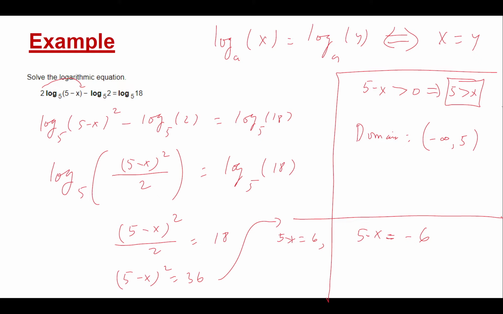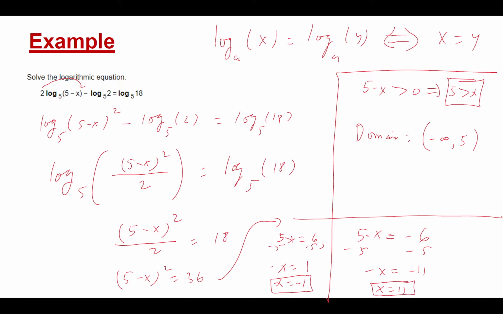If you solve the first one, just subtract 5. So negative x equals positive 1, x equals negative 1. That's the first option. For the second, subtract 5, so negative x equals negative 11, x equals positive 11. So these are the two options.